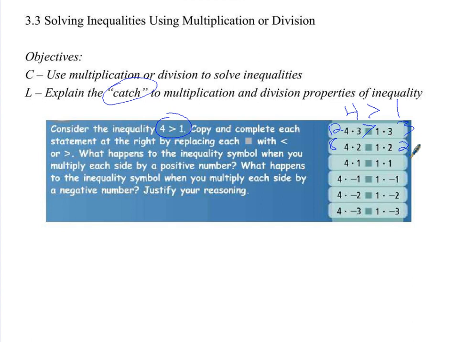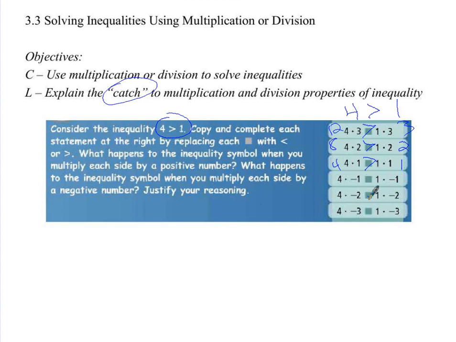The symbol I need there is still greater than. 4 times 1 is 4, 1 times 1 is 1, and the symbol we need there is greater than. Okay, so this probably seems pretty pointless.